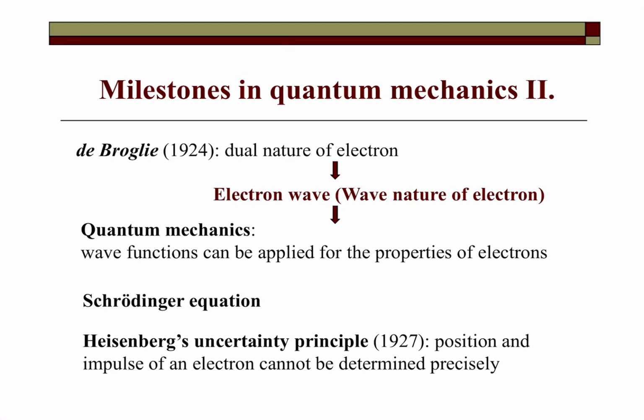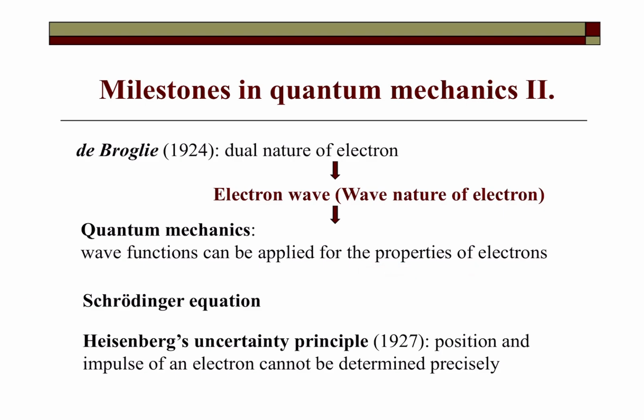We continue with quantum mechanics. Another scientist, de Broglie, spoke about the dual nature of the electron. The wave nature of the electron is very important, and in quantum mechanics a wave function can be applied for the properties of the electron.